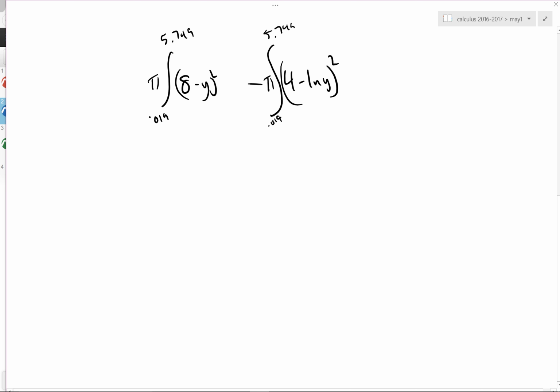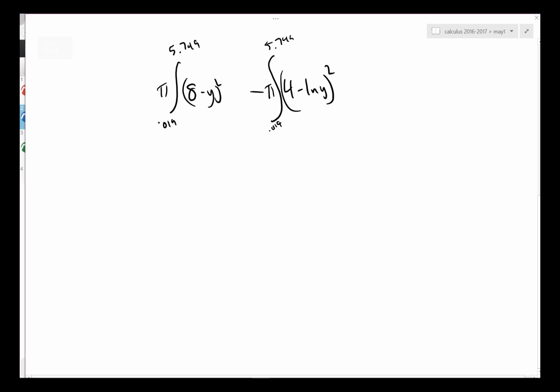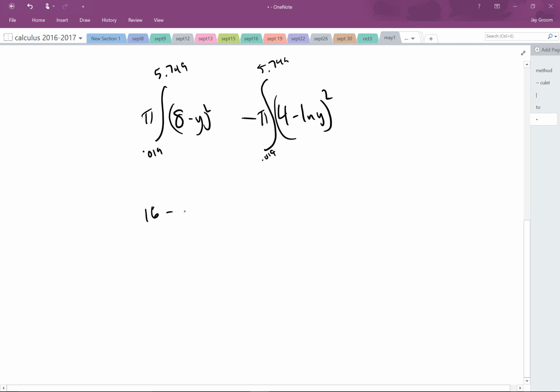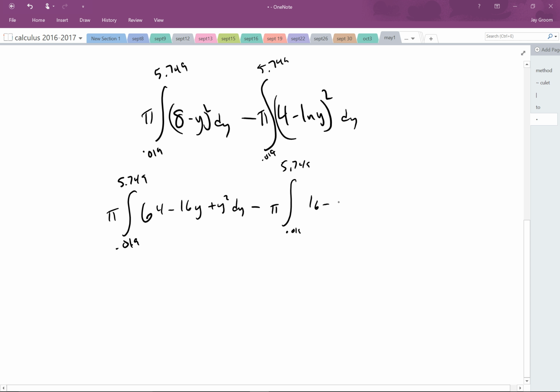Okay, so we'll do the easy one first. 8 minus y, squared, is going to be 16, what in the devil is going on here? Go away. 16, no it's not, it's 64. 64 minus 16y plus y squared, times pi, from 0.019 to 5.749, dy, minus pi times the integral of 16 minus 8 ln of y plus ln of y squared, dy.